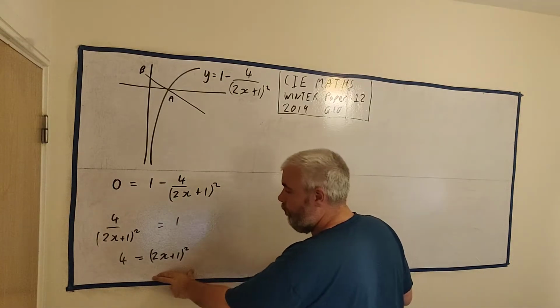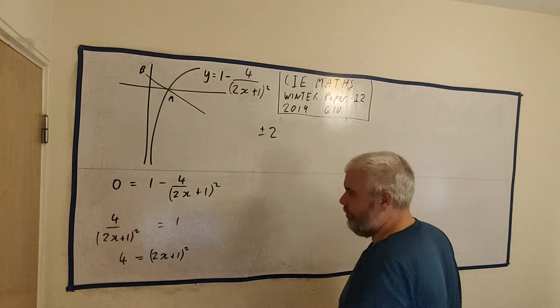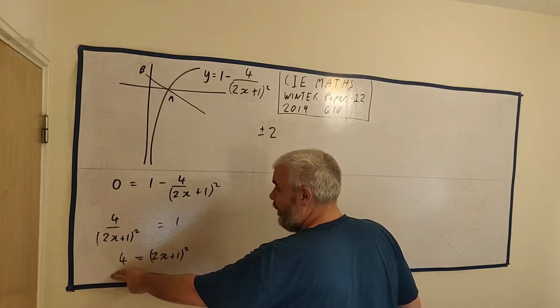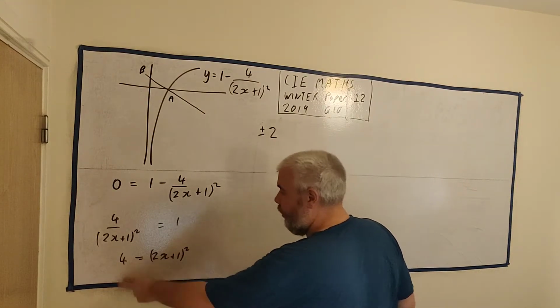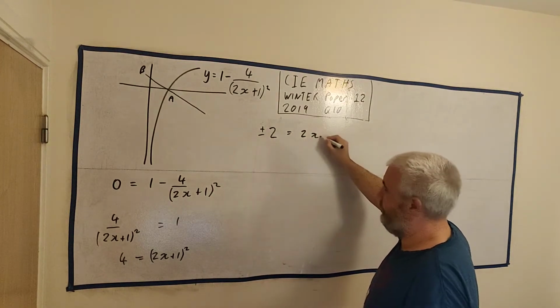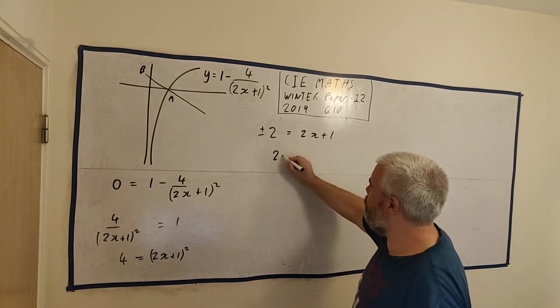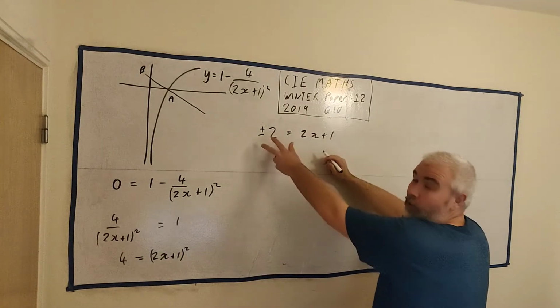Let's get the square root of both sides. So we'll get plus or minus 2. This could be a plus or a minus, since we could have squared itself to get 4. So 2x + 1 equals plus or minus 2. Let's solve for 2x. Let's go with plus first.